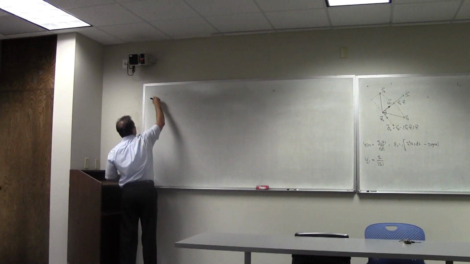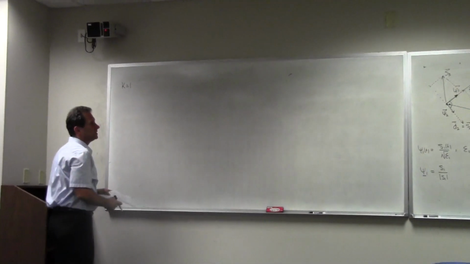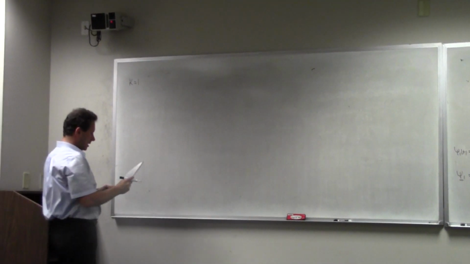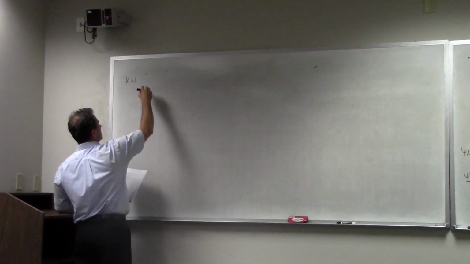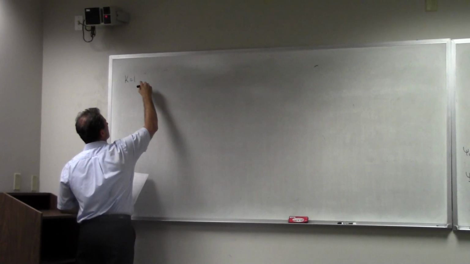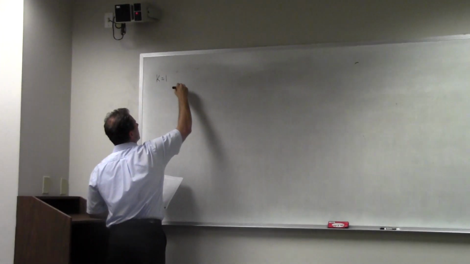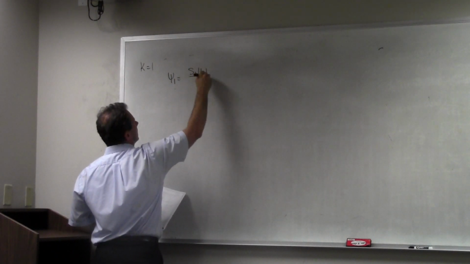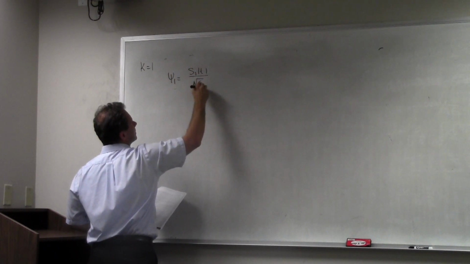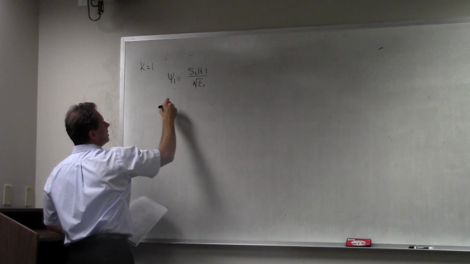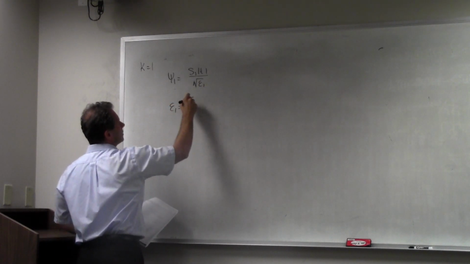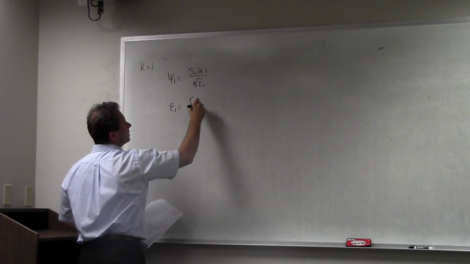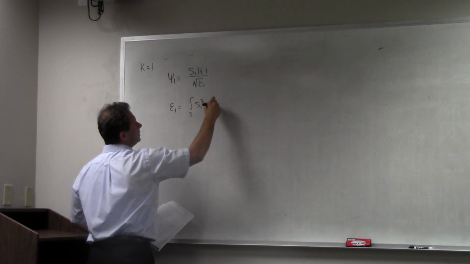So k equals 1, the first basis signal. I'm going to say psi 1 is going to be S1 of t divided by the square root of epsilon 1. Epsilon 1 is the integral of S1 squared of t dt.